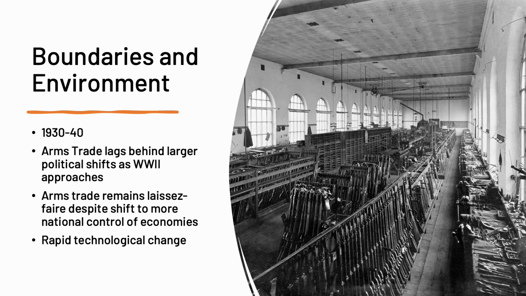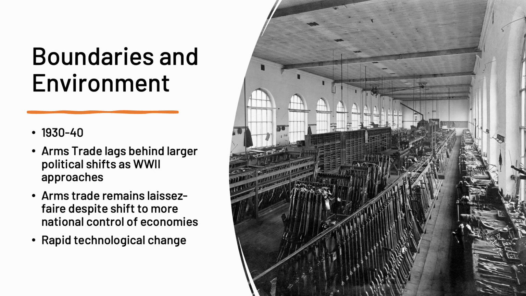What's really interesting about this is, remember from the last few slides, the amount of public backlash that came out of World War One against the arms trade was kind of just window dressing. It didn't seem to really affect the behavior of many of these states and many of these private companies in trading, selling, and importing arms. Arms were still being traded around the globe, and arms were still being imported around the globe as well, right? Which is really interesting considering there was such a backlash prior.